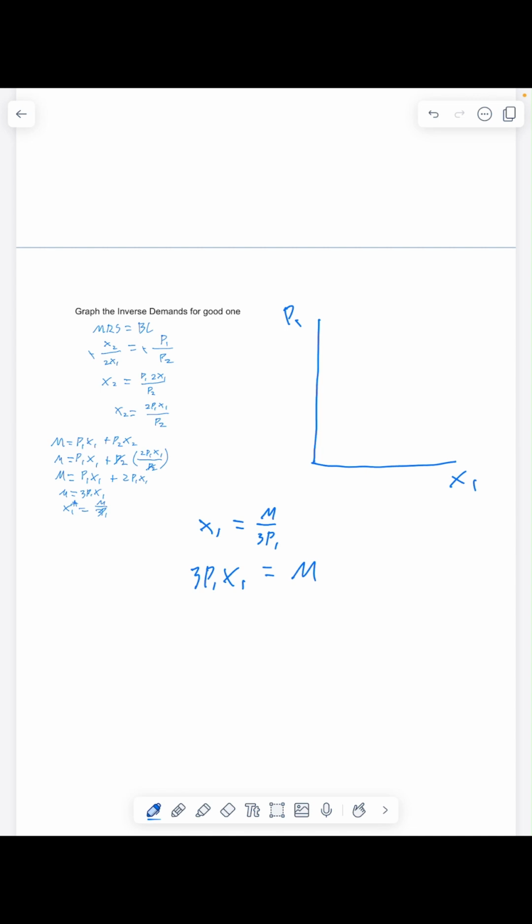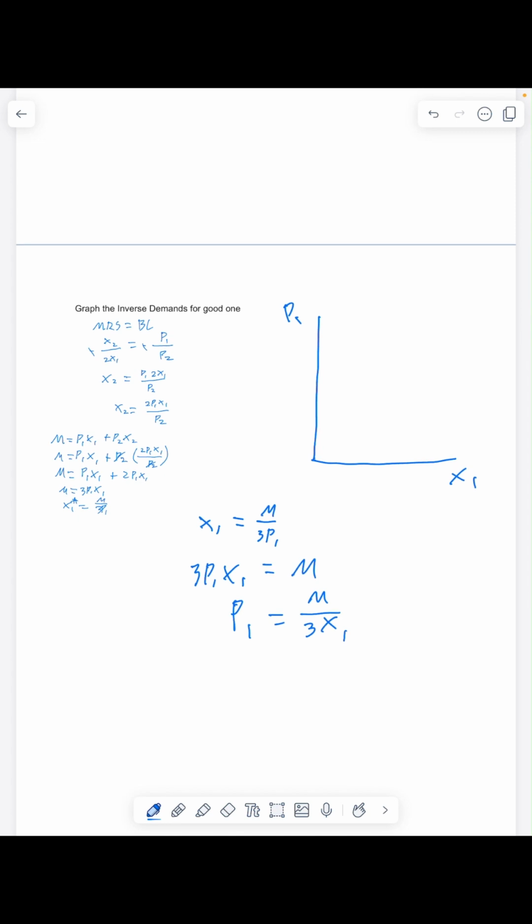And in this case, we'll just divide by 3x1, so that way we have p alone, so that way we can see what it's doing as an isolated term. So our p1 in this case equals m all over 3x1.